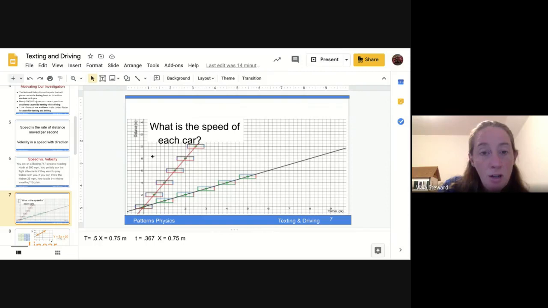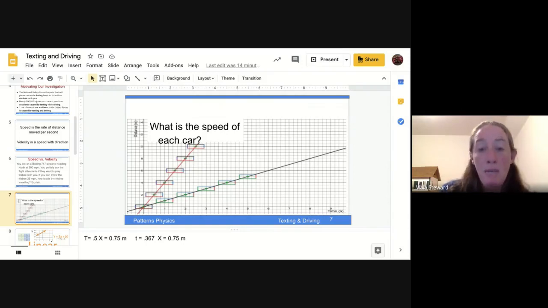So this car is traveling at distance of 8 meters and it took 2 seconds to get there, right? So distance over time, it's basically traveling at 4 meters per second. You divide them. You take the distance and you divide it by the time it took to get there. So this car is traveling at 4 meters per second.